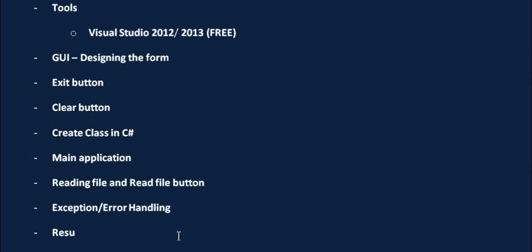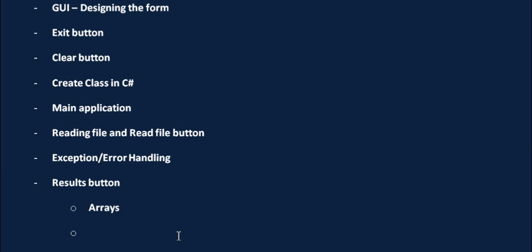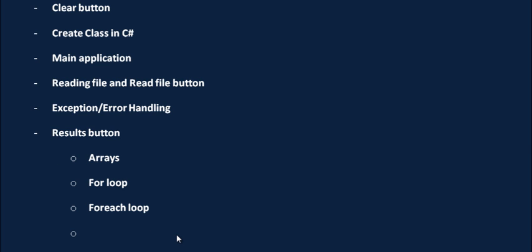So we'll talk about the results button, and as part of that we're going to be introducing you to a number of concepts. Namely, we're going to be doing some arrays. We'll also do the for loop. So you'll learn a bit about the for loop, the for each loop. We might actually include the for each loop, and we'll introduce you to data types.